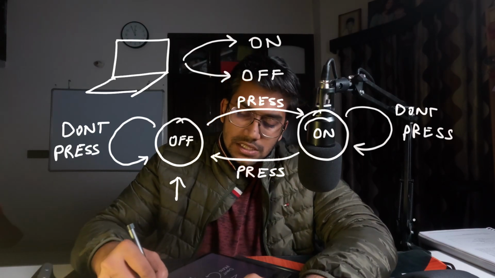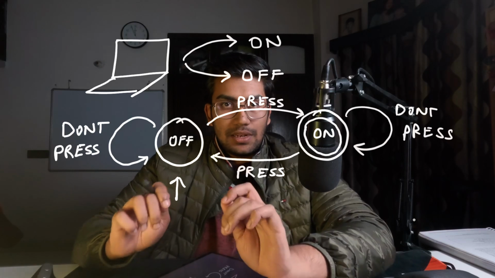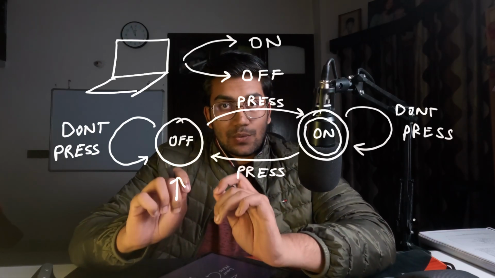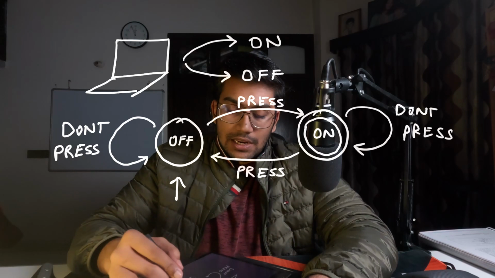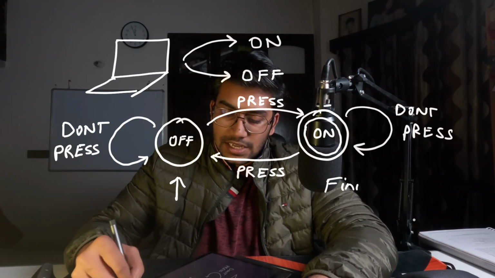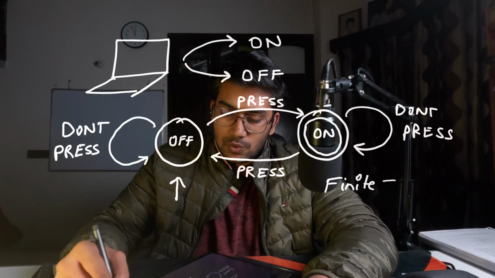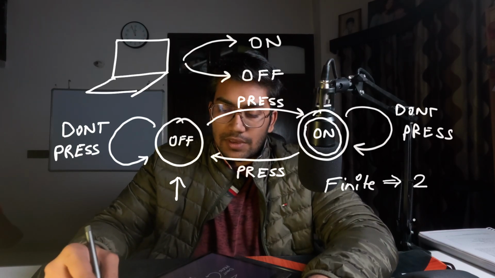So I'll mark this state with one more circle. Now with just this simple example, we can actually understand what are finite state machines. Now if you see, we have finite states in this, which means it's countable, and we have two states.